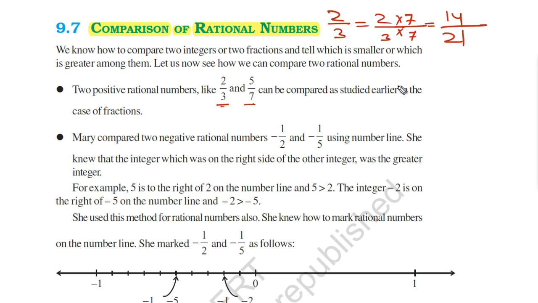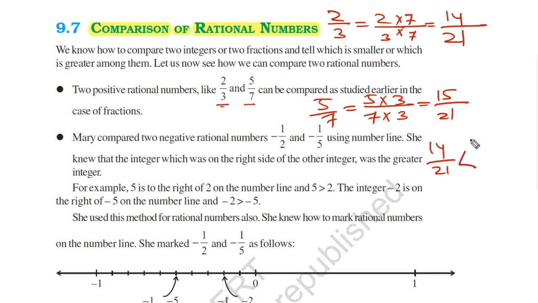Similarly we will take 5 by 7, which will be equal to 5 by 7 into 3 by 3, so it will be equal to 15 by 21. Now you can see 14 by 21 and 15 by 21. Who is greater? You can write 14 by 21 is smaller than 15 by 21.